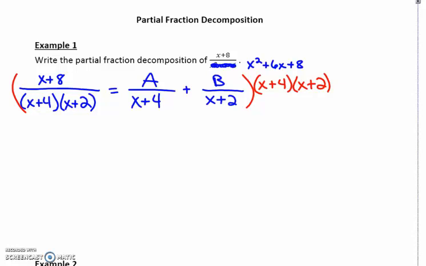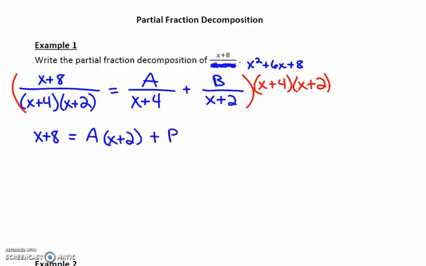x plus 2, then on the left side our denominators are going to cancel. So on the left side, we end up with x plus 8. And then our A over x plus 4, those x plus 4s cancel, so we are left with A times x plus 2. And then for the B, the x plus 2s cancel, so that's B times x plus 4.